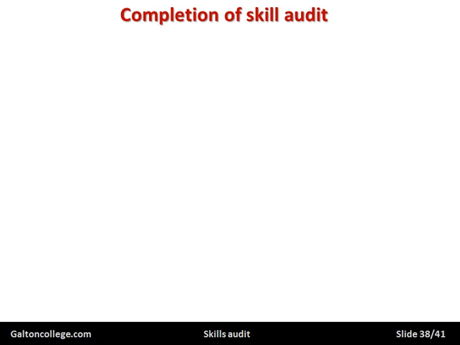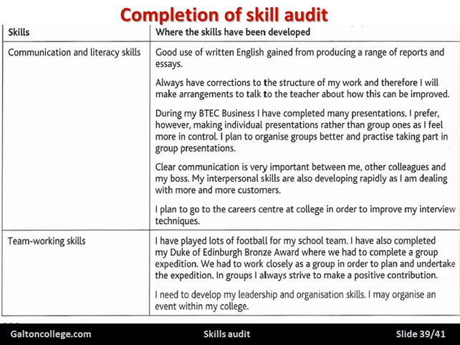Now, completion of the skills audit. Well, that's one possibility. I'm not going to read my way through this. You can stop the video and make notes here, but it may be we take two skills here: communications and literary skills and team working skills, and the person will write out what achievements they've had that would illustrate those skills and what they've managed to do, both in employment and outside of employment.